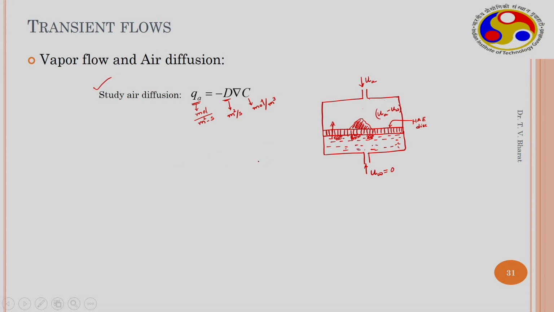If vapor flow or air diffusion is not steady or is time dependent, then we need to combine these expressions with mass conservation, and transient equations can be developed, and those transient equations can be utilized for understanding the variation in flux with time.